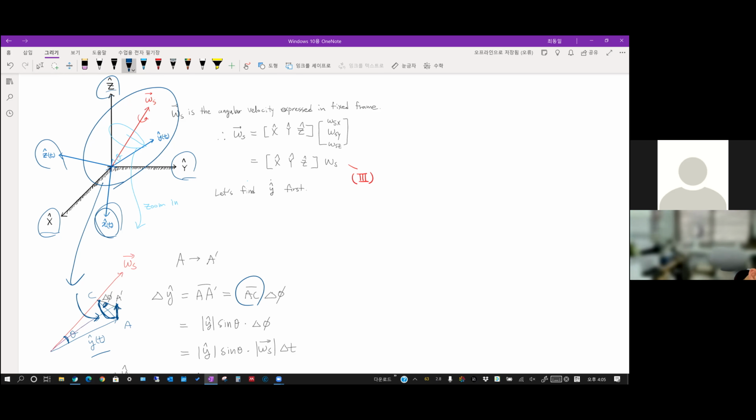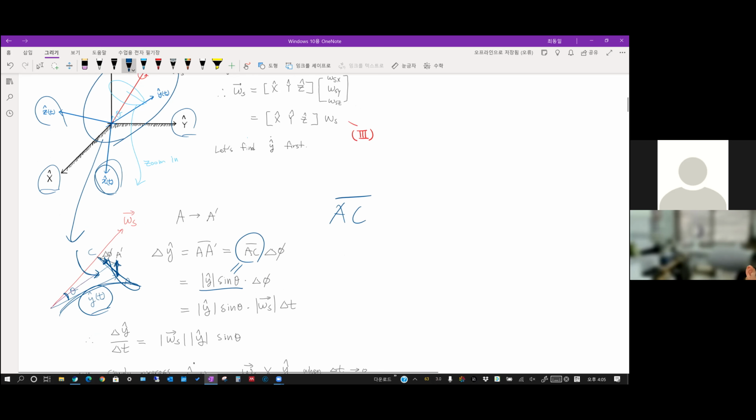And this AC length we can calculate using the sine rule. In here, it looks like this: sine theta, size of the y vector, and this is the same.